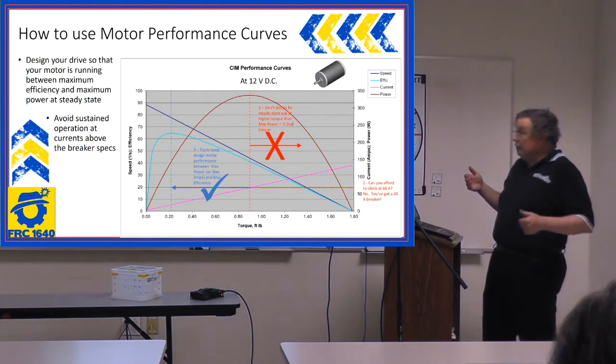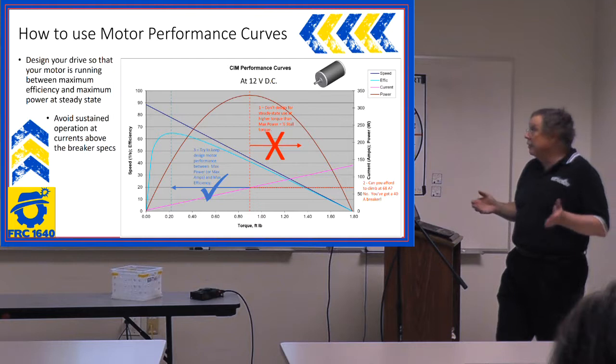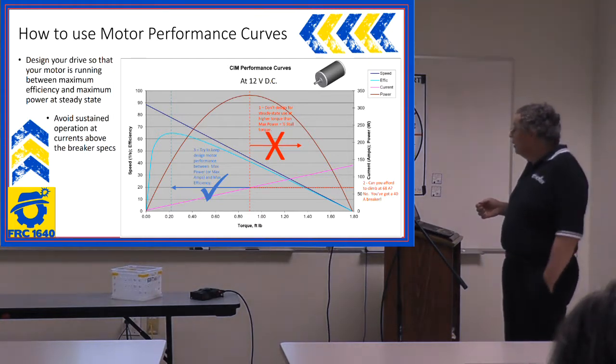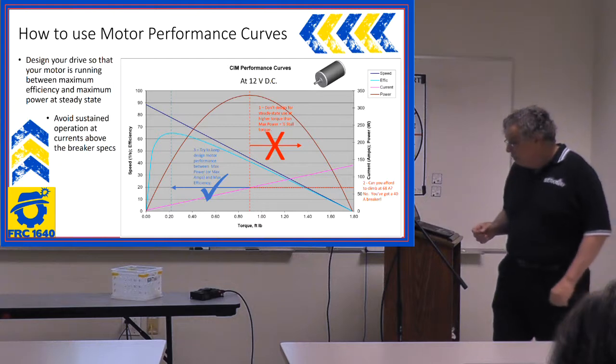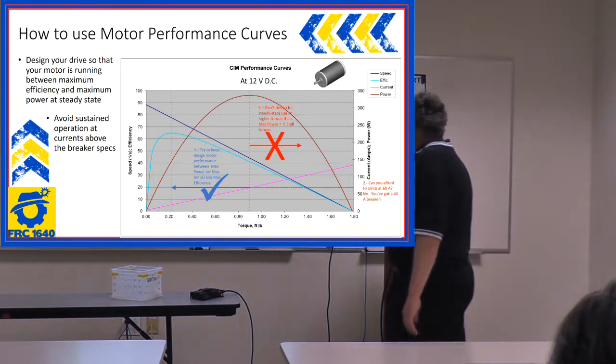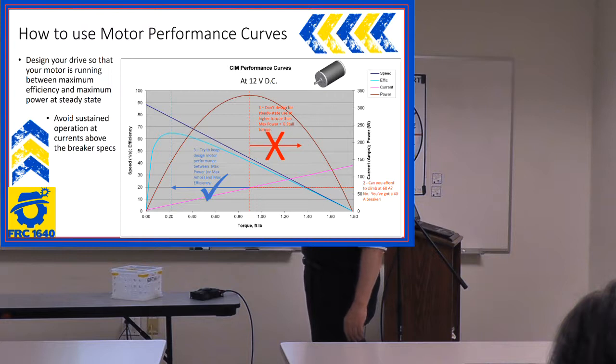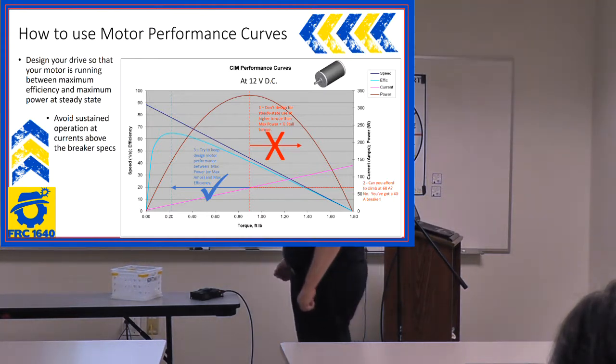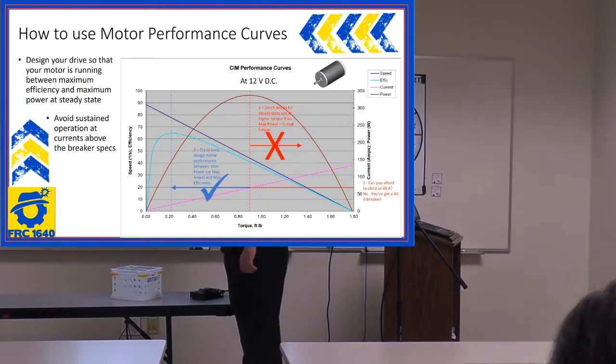So we go to our motor performance curve, and one thing we don't want to do is design our robot to be working on the low power side, on the high torque side, because when your torque increases, my available power drops. It's not a winning proposition. So you really want to be above the halfway point. Ideally, you want to design so you're running your motor between maximum power and maximum efficiency.